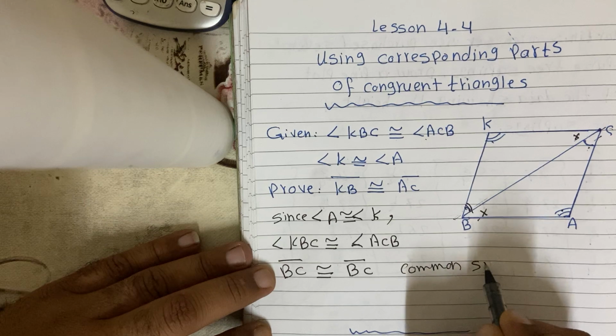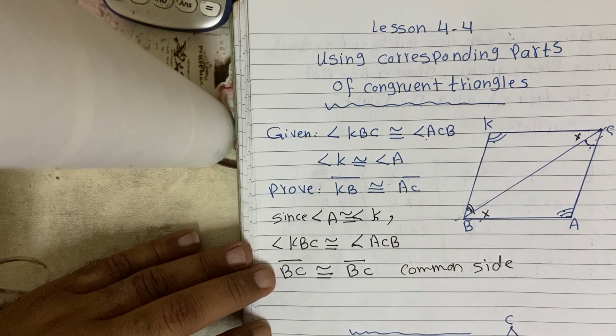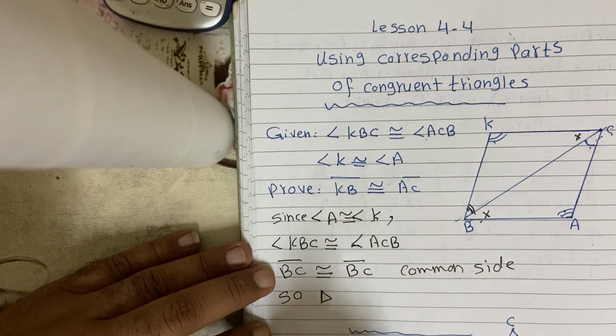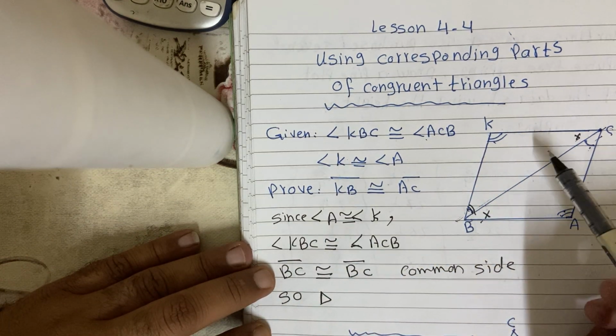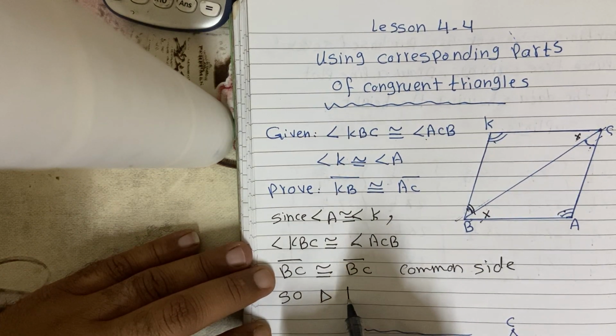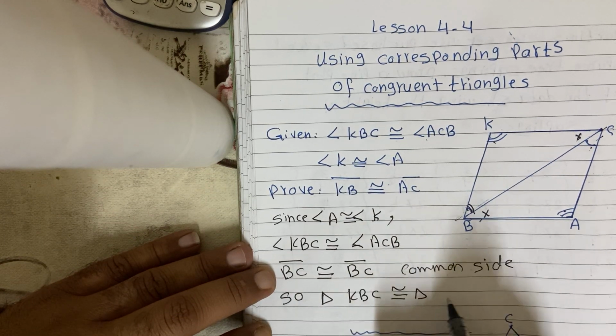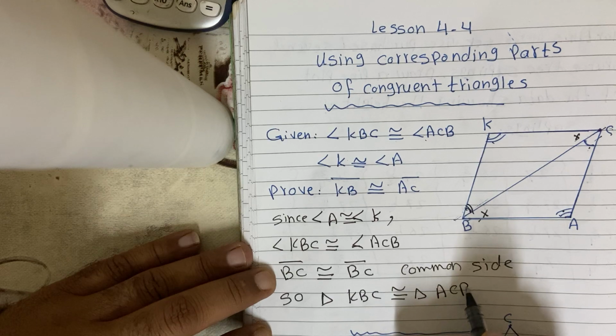So triangle KBC is congruent to triangle ACB.